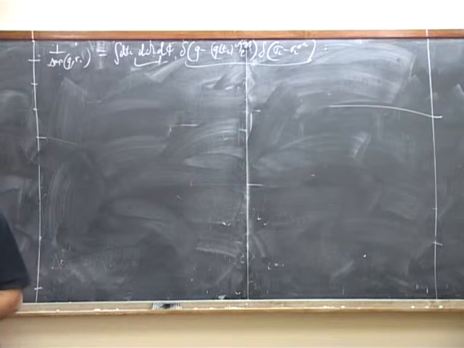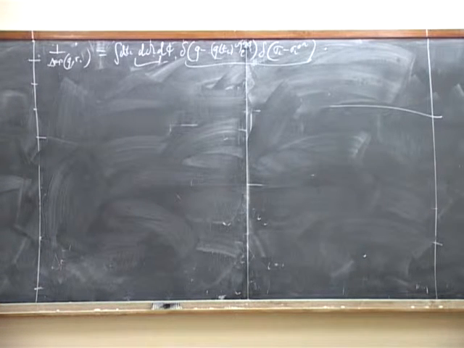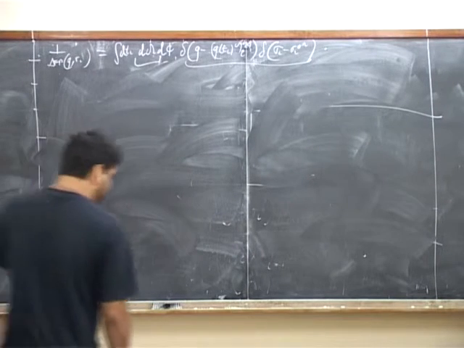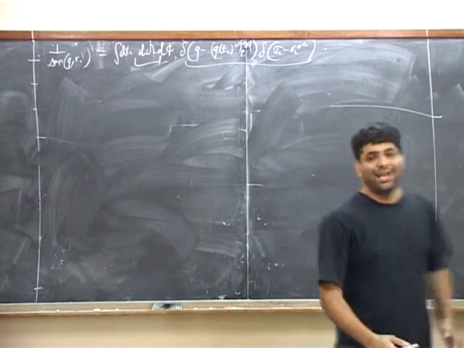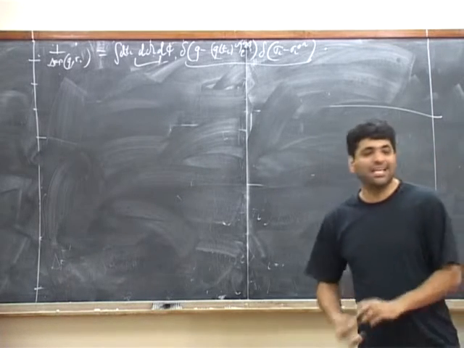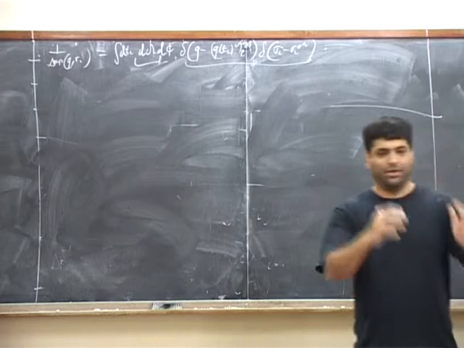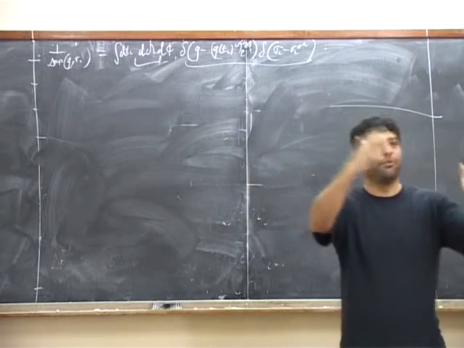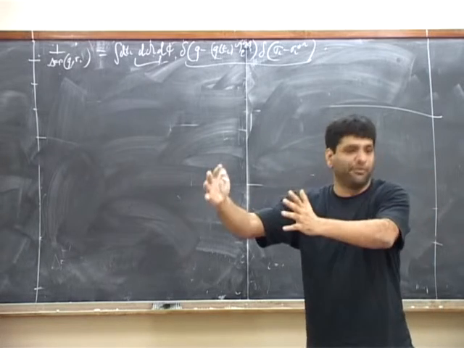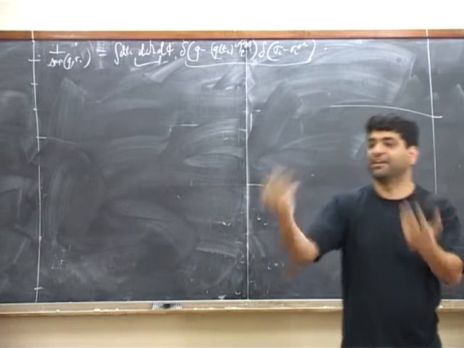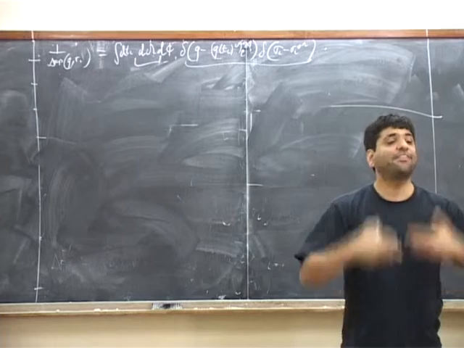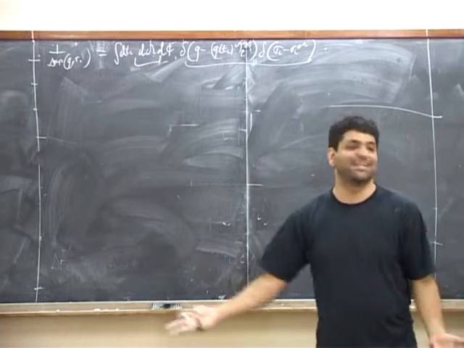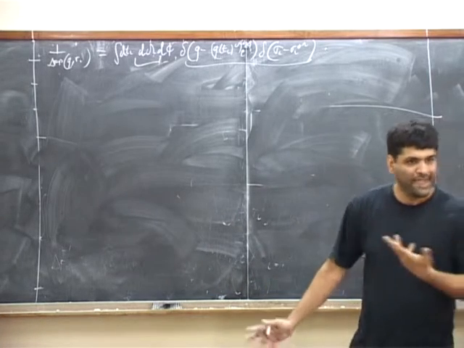Okay? But what we will require is that the measure over the space of diffeomorphisms has the property that it is left and right invariant. That is, if you take a diffeomorphism and compound it with a fixed diffeomorphism, that's a variable change, and the Jacobian of this variable change is the identity.